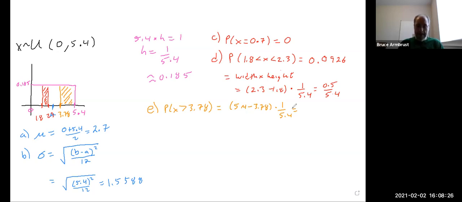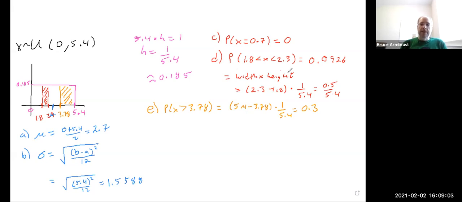All right, well, let's see what my calculator has to say about this one. This time I get 0.3 exactly. So the way to interpret this is that you have to wait more than 3.78 seconds 30% of the time. So almost a third of the time, you're going to have to wait at least 3.78 seconds to see the wave crash on the beach.